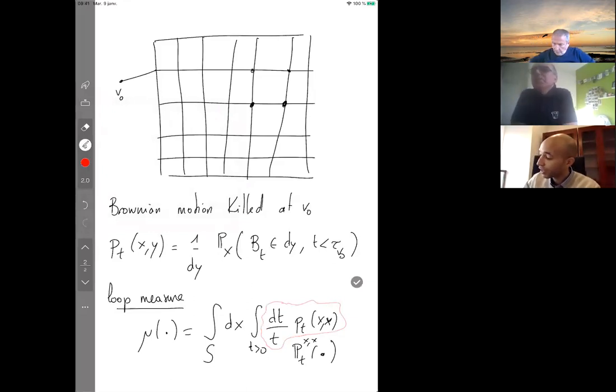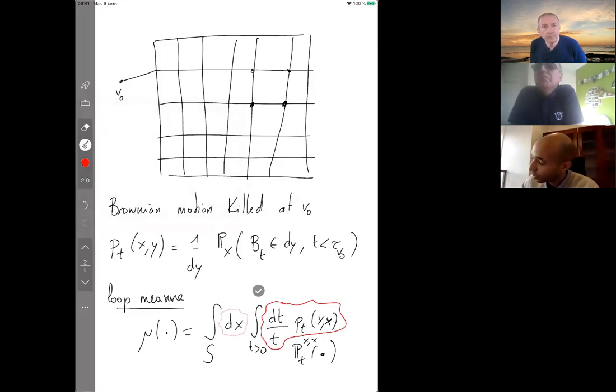So here you decide the point X, then you decide on the duration of the bridge, and then once you have the starting point and the duration, you take a bridge from X to X of duration T and condition on not hitting v0.